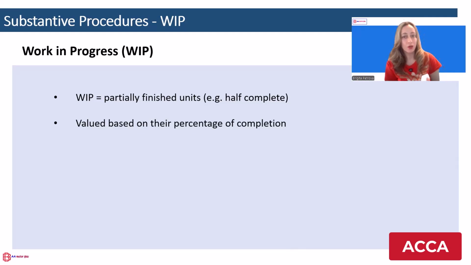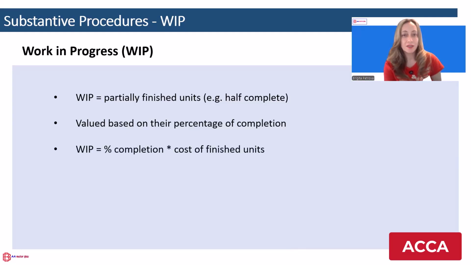Now, what is typical then for work in progress, as you should know from your previous paper studies, is that it's valued based on the percentage of completion or the extent to which the tables or whatever it is are finished. And the valuation is done by taking this percentage of completion and multiplying it by the cost of the finished units. So if the tables are half complete, the percentage of completion will be 50%.